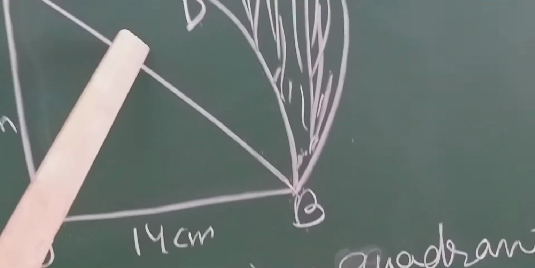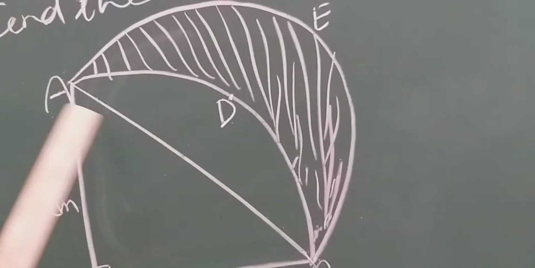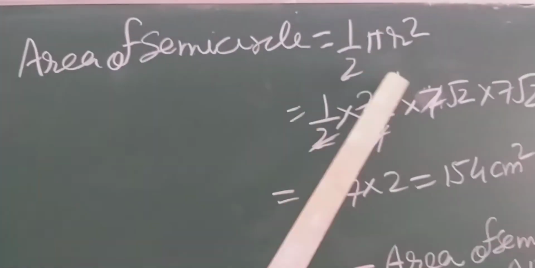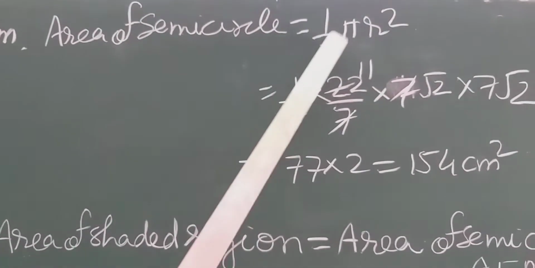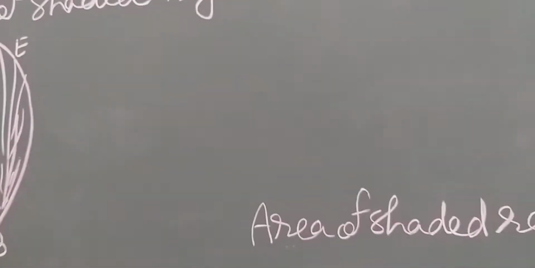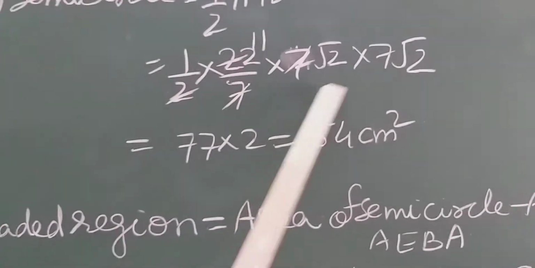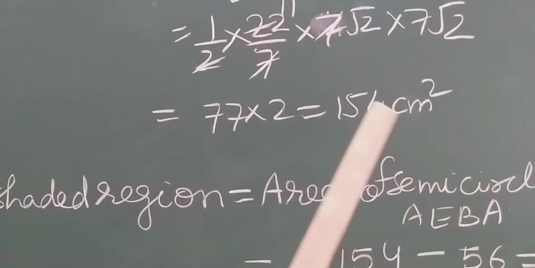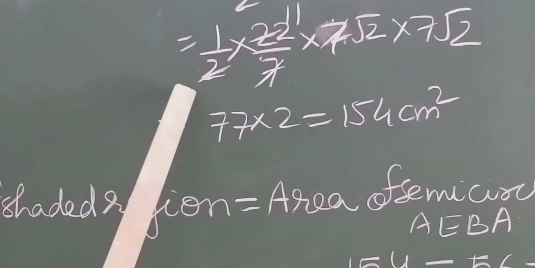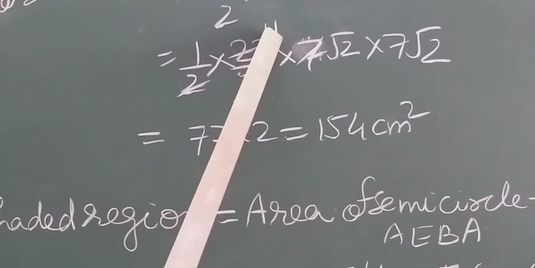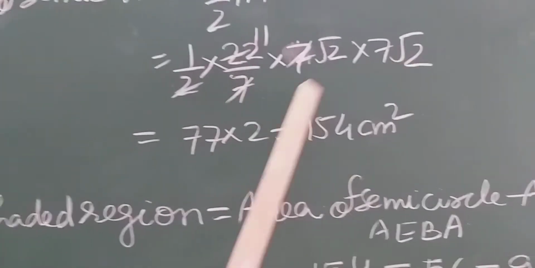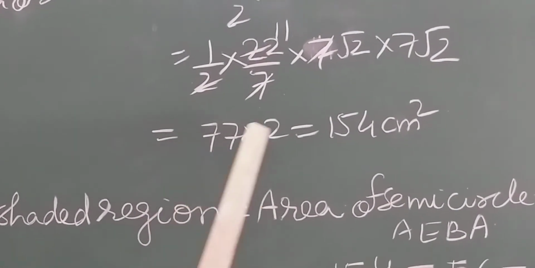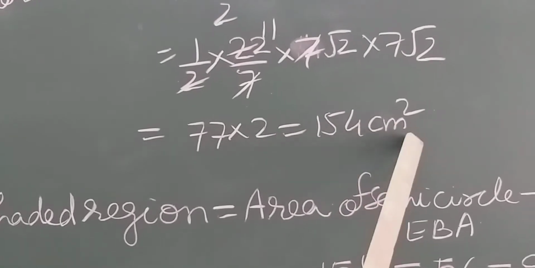So we have calculated the radius of the semicircle. Now area of semicircle equals half pi r square, half, pi 22 upon 7, radius 7 root 2 into 7 root 2. 7 and 7 cancel. 2 elevens are 22, root 2 into root 2 is 2, 11 sevens are 77, 77 into 2 is 154 centimeter square.